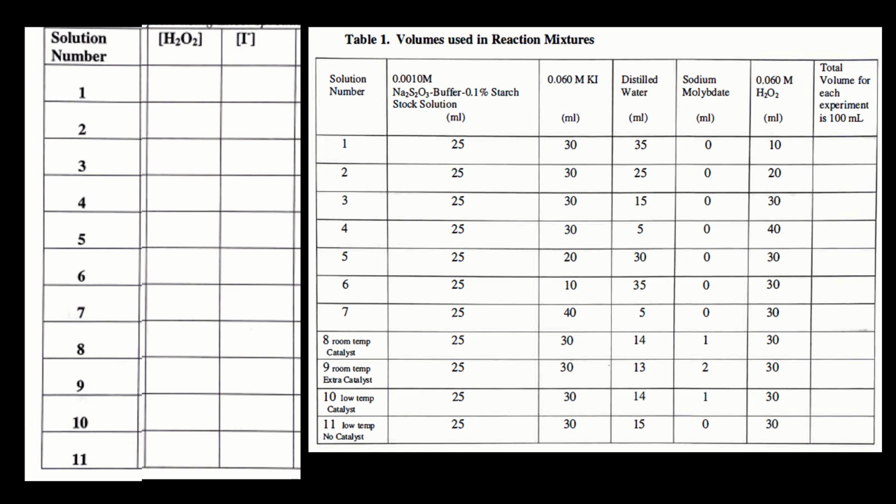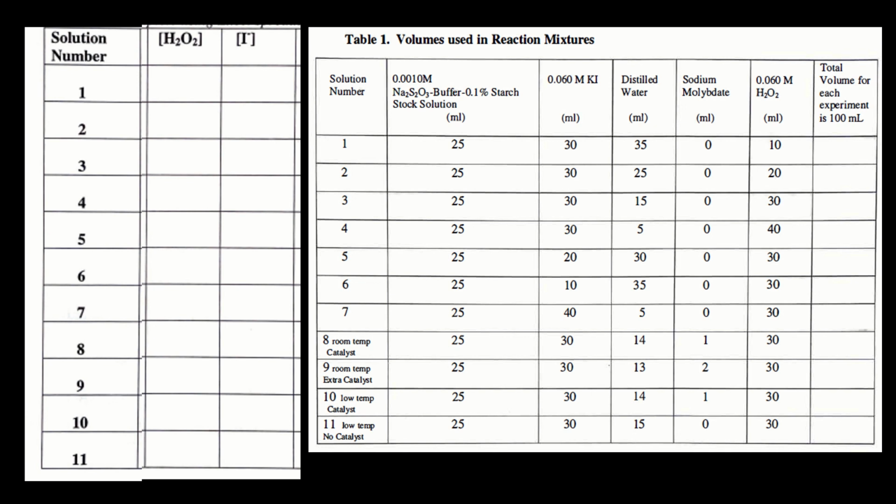Next part, for the initial concentrations of hydrogen peroxide and iodine, what we need is to take into account our initial concentrations of both of those, which we can get just from our chart, where the total volume for each experiment is going to be 100 milliliters.